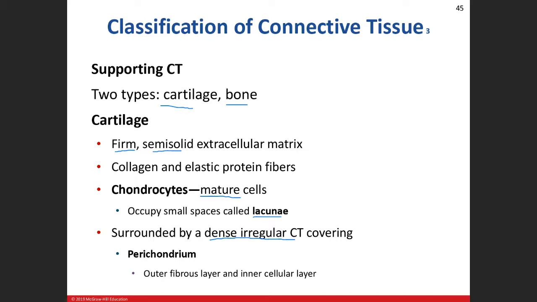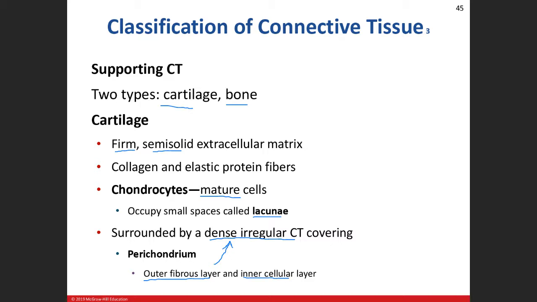But that perichondrium has 2 layers: the outer fibrous layer, which is made up of that dense, irregular connective tissue, and then there's a single layer on the inside, which we call the inner cellular layer. And that's where we're going to get our baby cartilage cells, chondroblasts. More on that when we get into chapter 7.